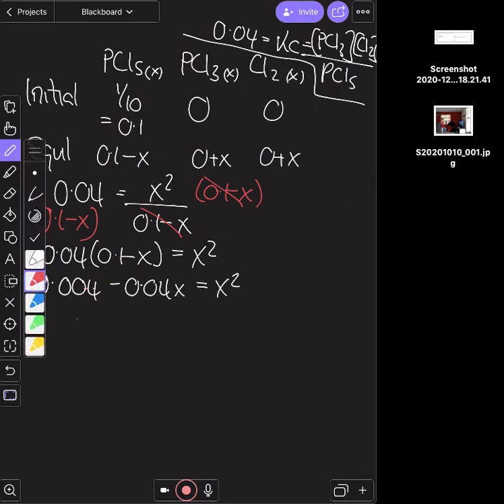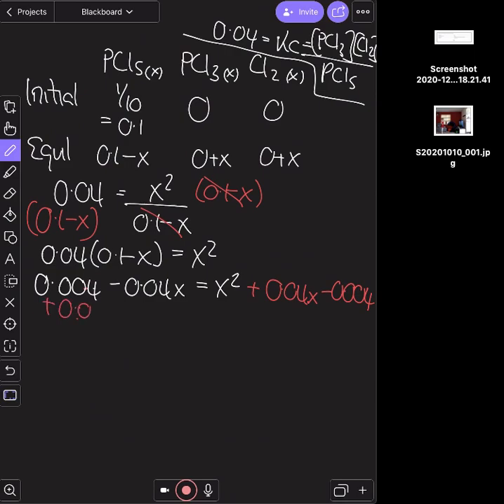To get everything that's on the left hand side over to the right, I need to add 0.04x and subtract 0.004 on both sides. This makes these all cancel out, and then I am left with 0 is equal to x squared plus 0.04x minus 0.004.